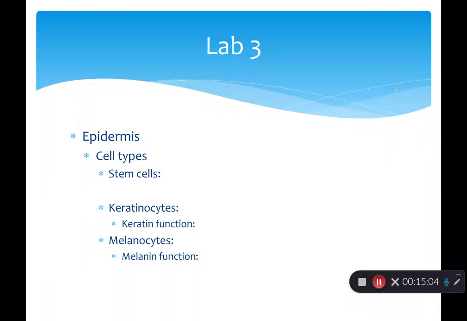We're going to start talking about the epidermis. There are a number of different types of cells, because you need multiple types of cells to make up a tissue. Stem cells sit right on the basement membrane, and when they divide, you get another stem cell and a keratinocyte.